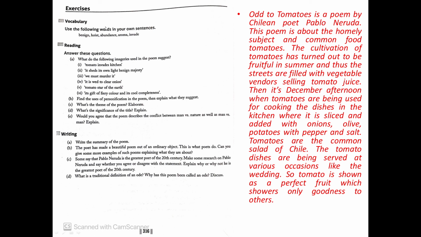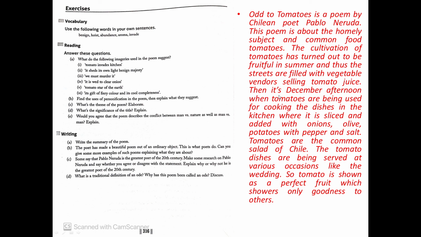This is exercise from book. You can see in the book. Paraphrasing or interpretation of poetry is given here. Let's see. Ode to Tomatoes is a poem by Chilean poet Pablo Neruda. This poem is about the homely subject and common food, tomatoes. The cultivation of tomatoes has turned out to be fruitful in summer, and thus the streets are filled with vegetable vendors selling tomato juice.